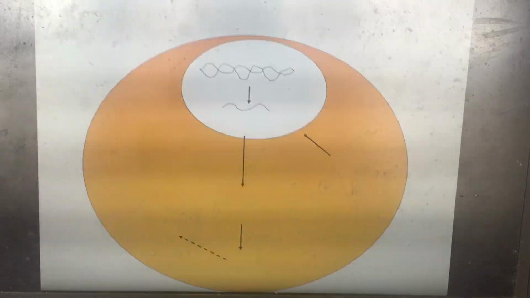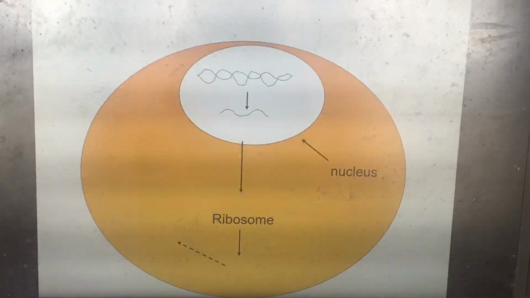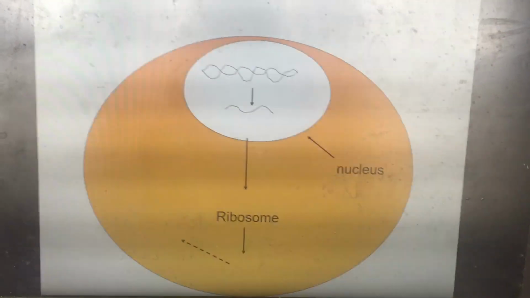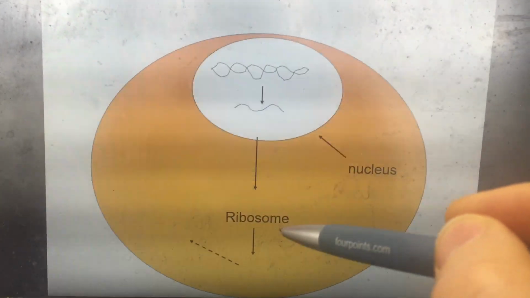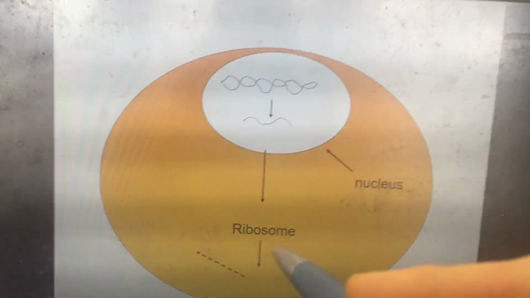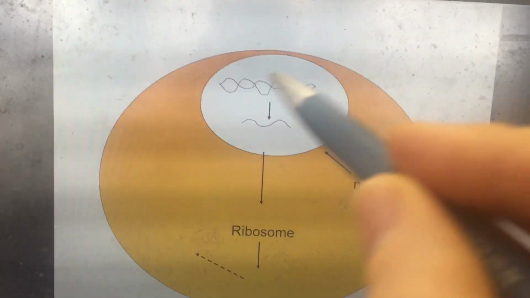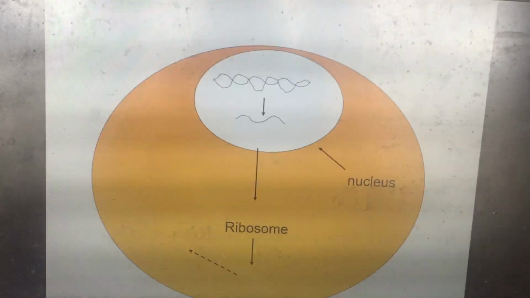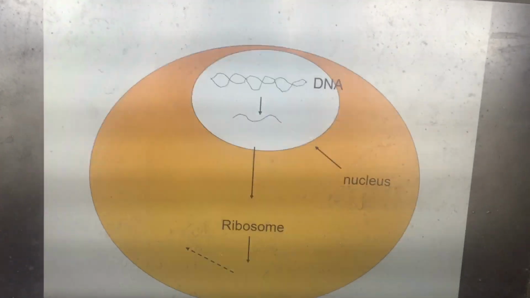So I've got this process outlined in this diagram. Important components here are your nucleus, and then outside the nucleus you've got what's called a ribosome. This is essentially where protein synthesis occurs. This is where the message for protein synthesis is initiated. So within your nucleus, you have your DNA. It encodes for all your proteins.